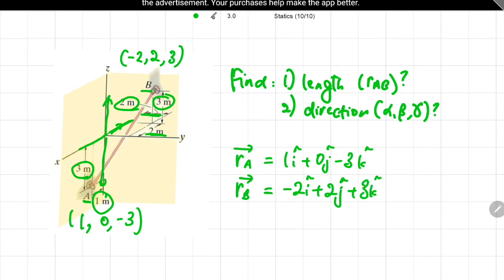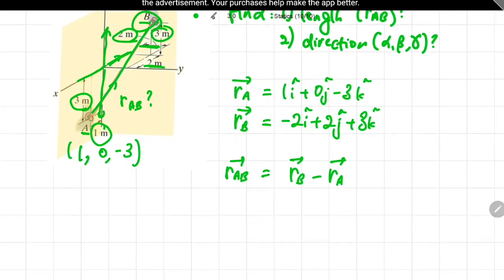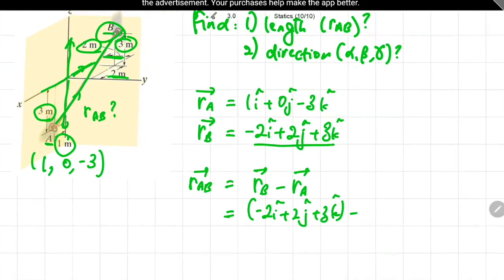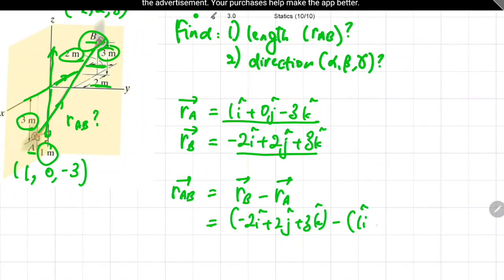So, if you want to calculate the position vector of the elastic rubber band from point A to point B, or RAB, then we have to use the subtraction formula, whereby position of B or RB minus position of A or RA. So we rewrite the position vector of B, which is negative 2I plus 2J plus 3K, minus position vector of A, which is 1I plus 0J minus 3K.